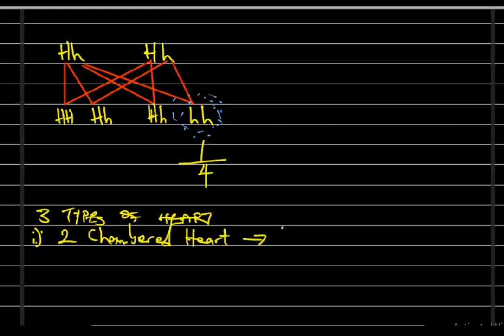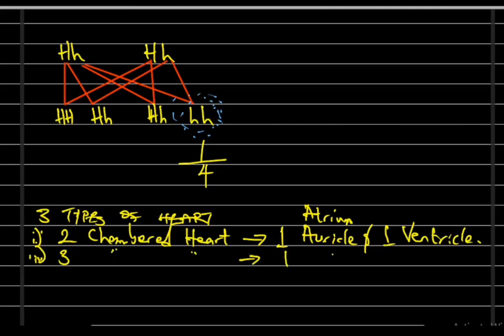This one here has 1 auricle and 1 ventricle. Some textbooks will call this auricle, they call them atrium. Now, the second one has a 3-chambered heart. So it has 1 auricle and 2 ventricles.